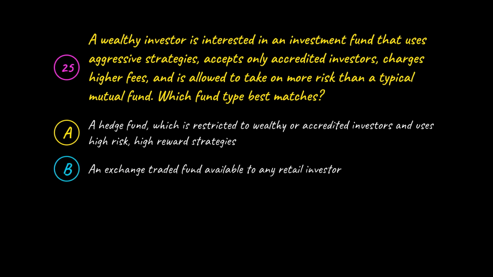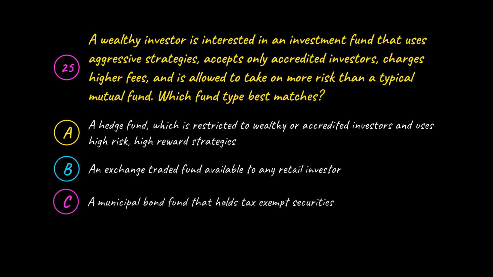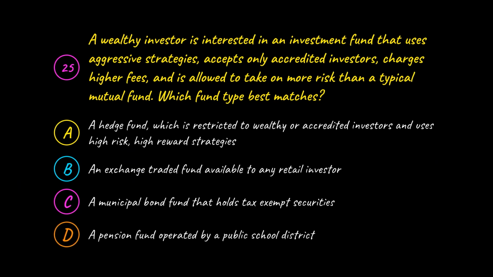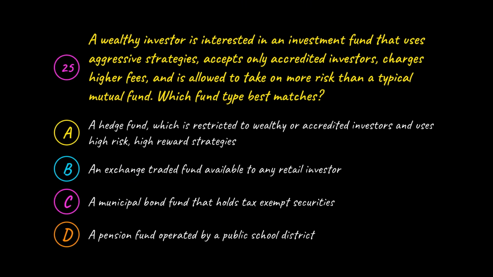B, an exchange-traded fund available to any retail investor. C, a municipal bond fund that holds tax-exempt securities. D, a pension fund operated by a public school district. Which one is it? Pause the video if you need more time.